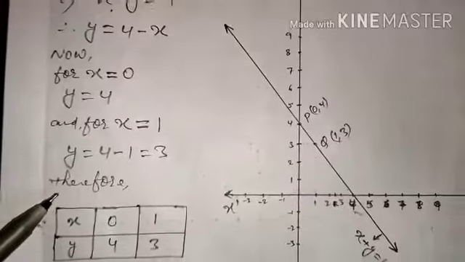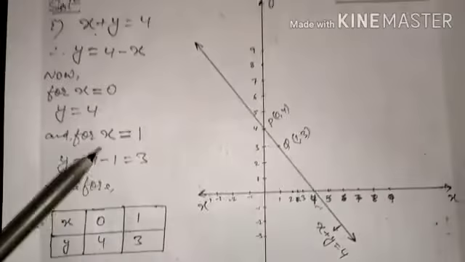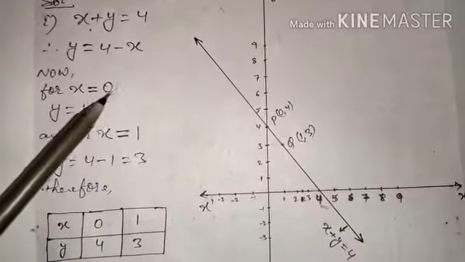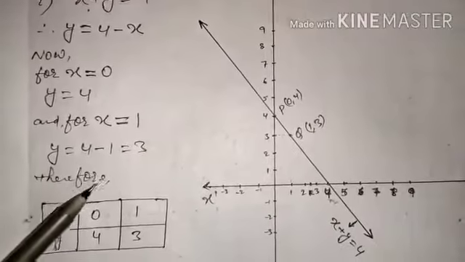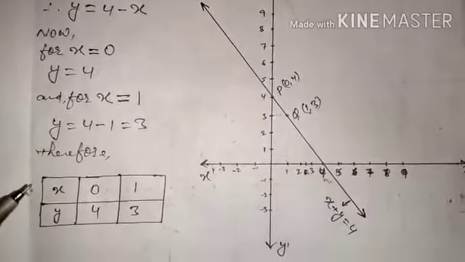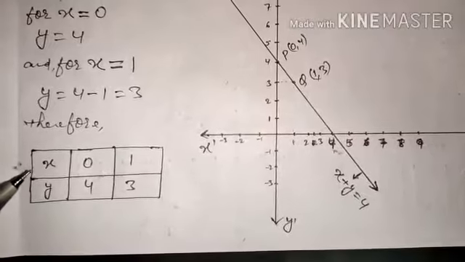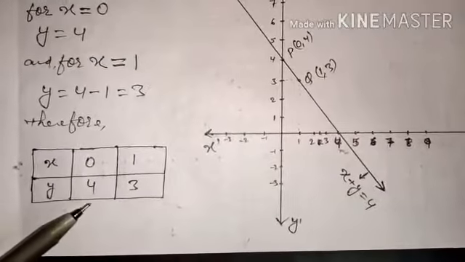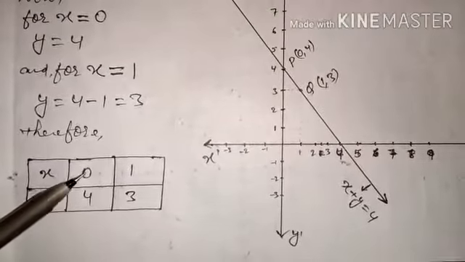Therefore I made a column or box in which I substituted the values in the form of ordered pairs.